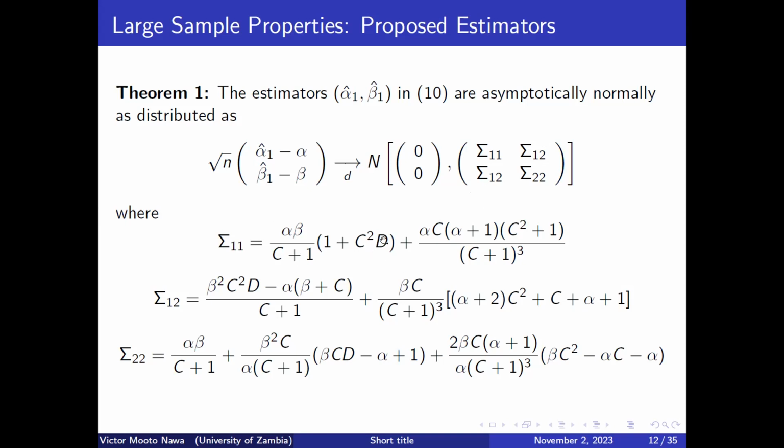Remember, d was already given. The covariance of alpha and beta is a function of alpha, beta, and d as well. Similarly, the variance for beta is a function of d as well.